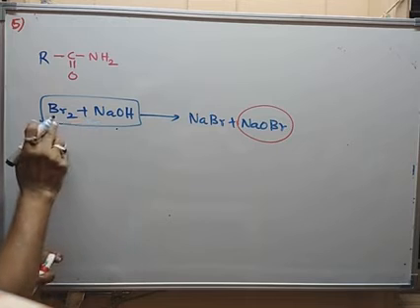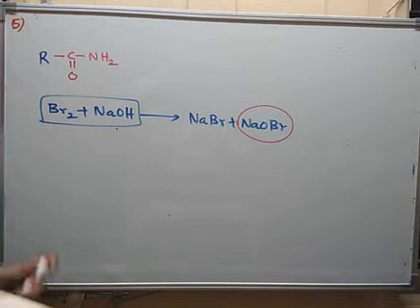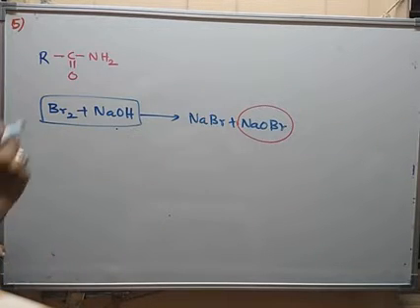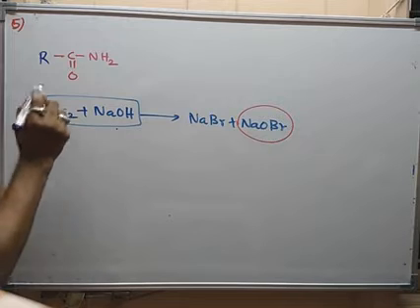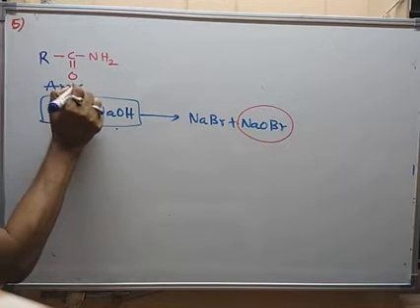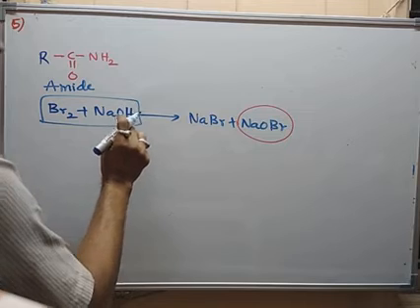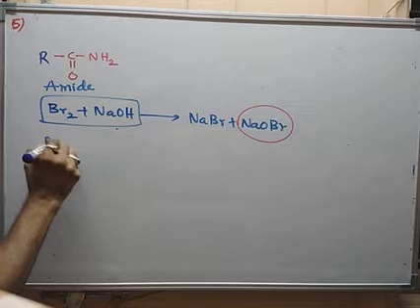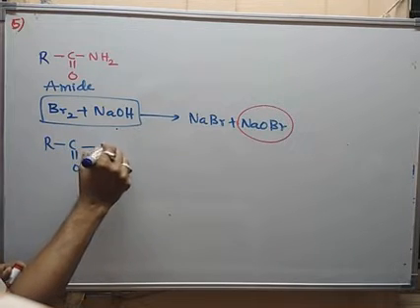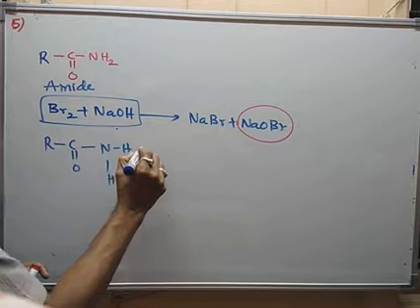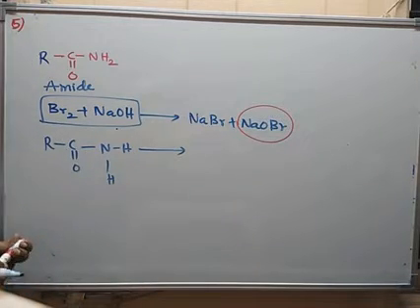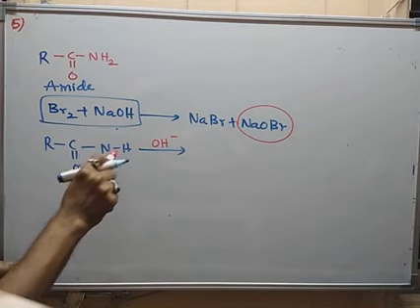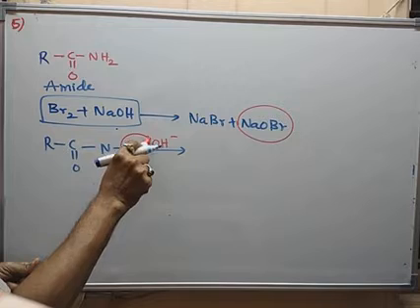Here the base and bromine are going to participate in the reaction. What is the first step? This base is ready to remove a hydrogen from this amide. In that amide, this base first plays a role to subtract a proton from the NH2 group. I am showing the possible reaction intermediates. OH minus from NaOH takes, and what is removed?